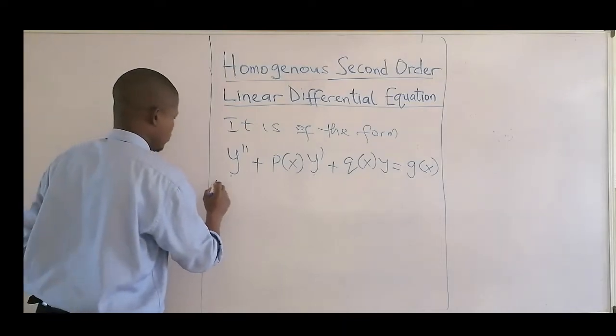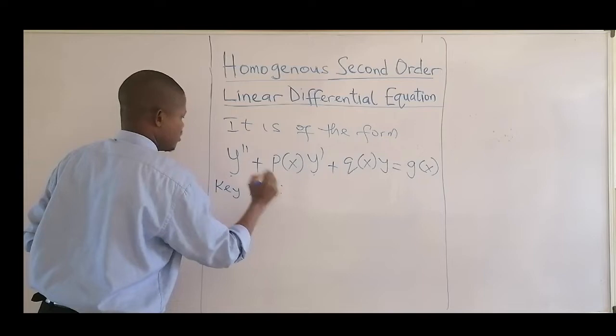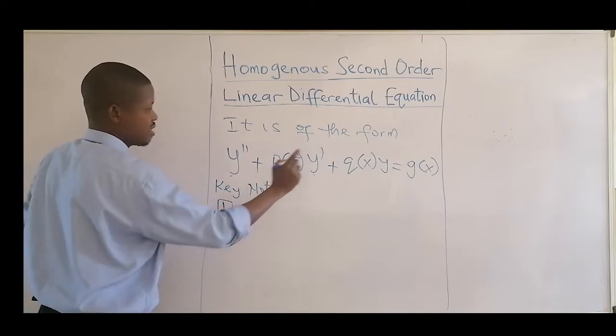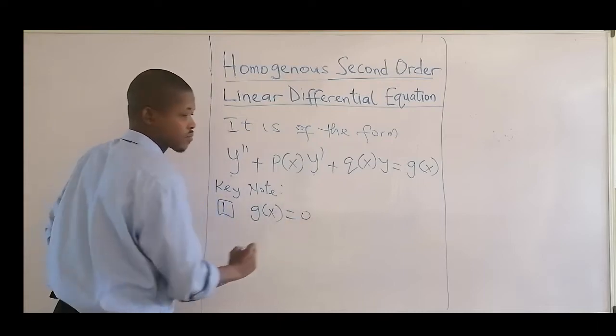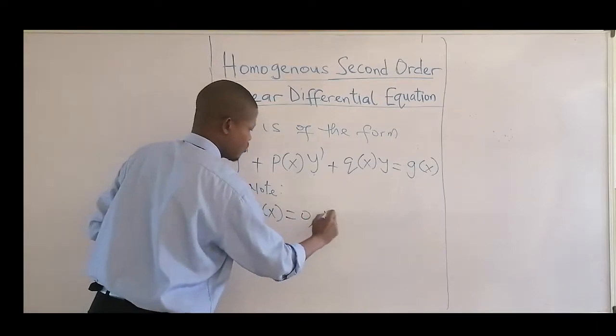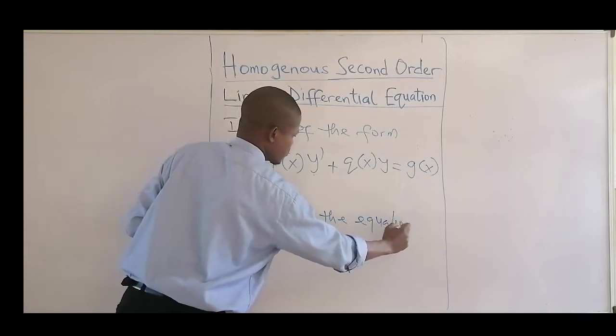Then there are key notes here. One, if your g of x is equal to 0, then the equation becomes homogeneous.